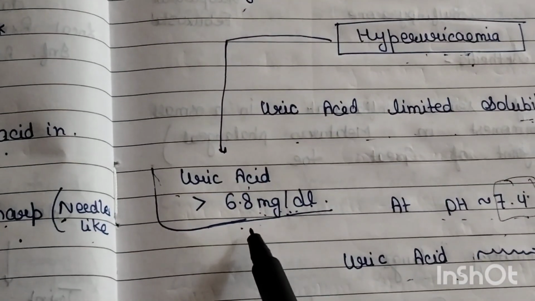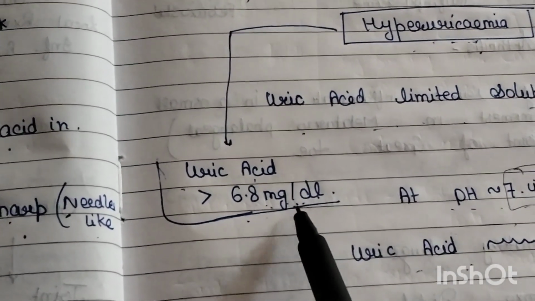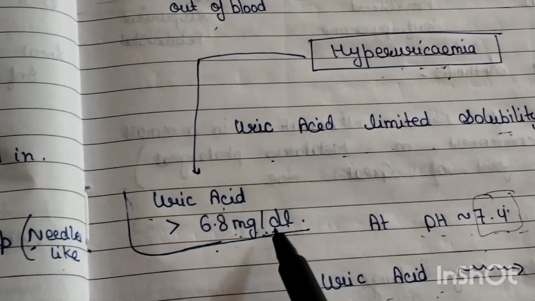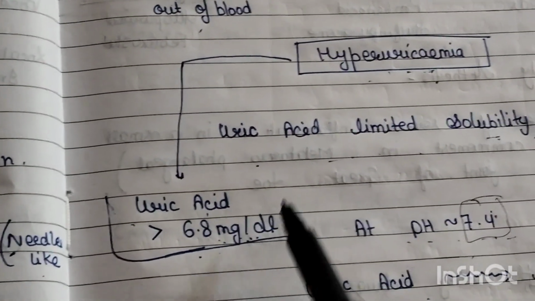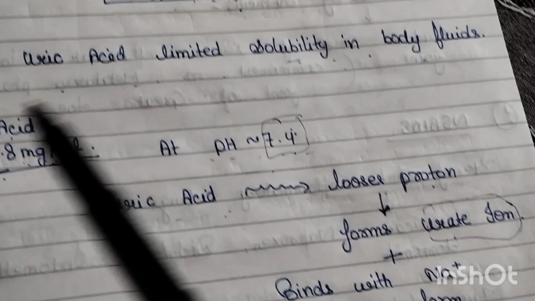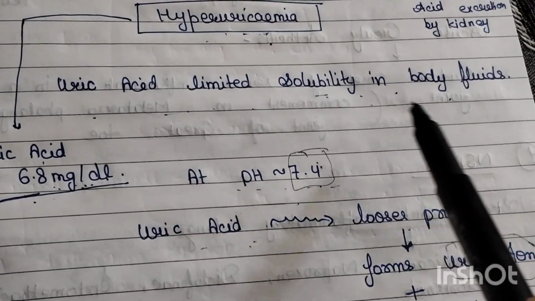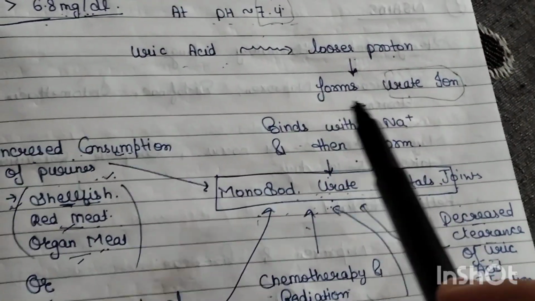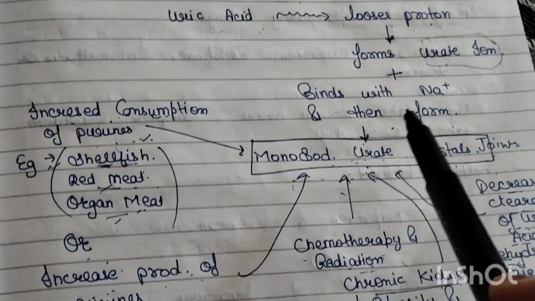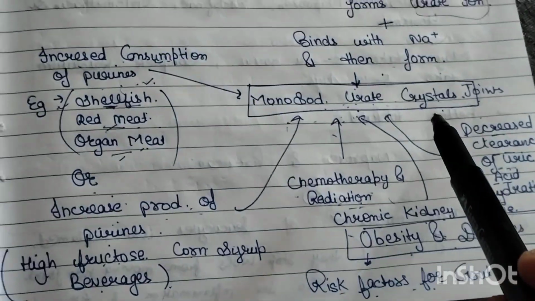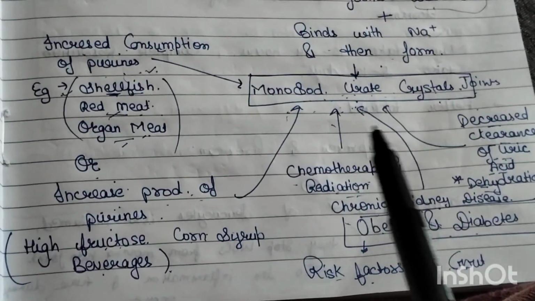The normal blood level of uric acid is 2 to 6.8 milligram per deciliter, but when it exceeds 6.8 milligram per deciliter, the condition is known as hyperuricemia. Uric acid has limited solubility in body fluids, so at pH 7.4, uric acid loses its proton and forms urate, which binds with sodium and then forms monosodium urate crystals in the joints.